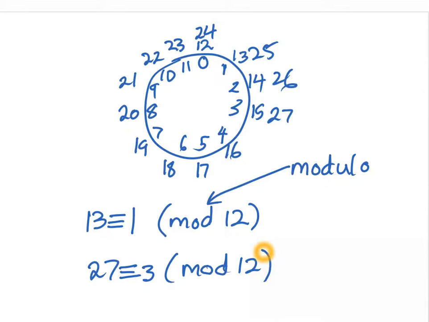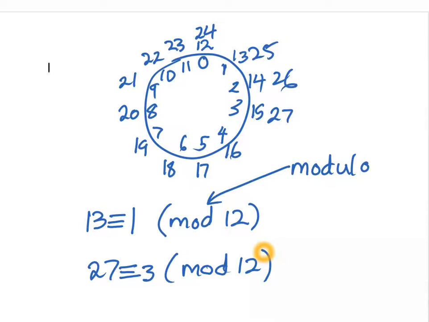27 would be congruent to 15, but we want to give it as the smallest value. So a value that's either 0, 1, 2, 3, 4, 5, 6, 7, 8, 9, 10, 11. They're the final values we want to state. So 27, whilst it's congruent to 15, is given as being congruent to 3 mod 12. So I wonder what 40 would be congruent to.